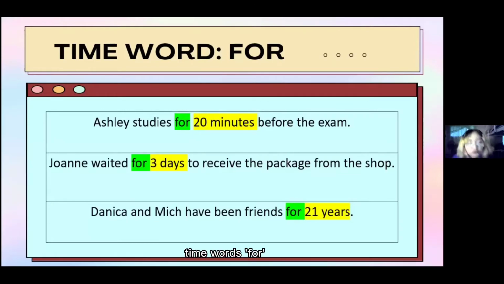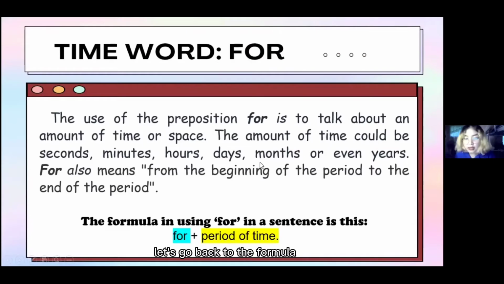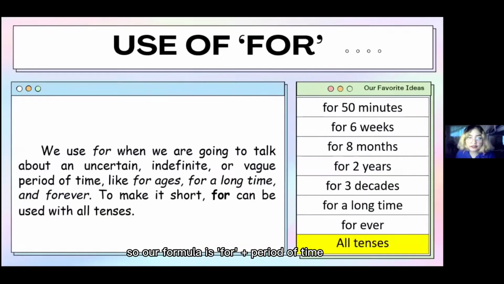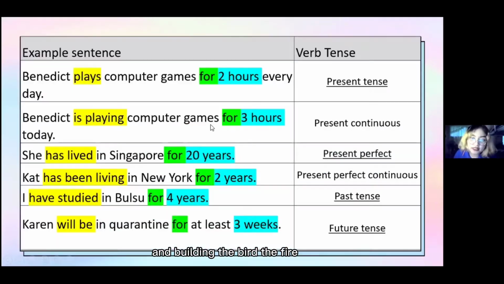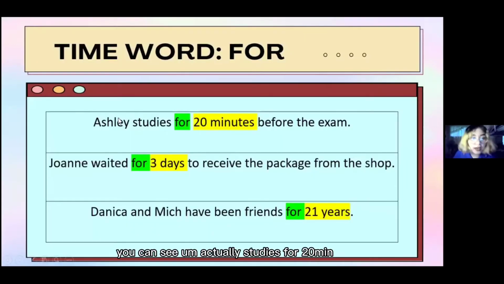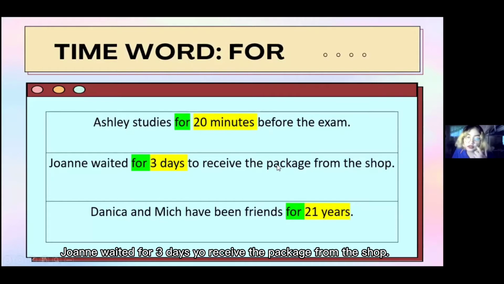Okay, time word for. Let's go back to the formula. Excuse the dogs, it's our neighbors, it's not us. So our formula is for plus the period of time. As you can see here, I highlighted the for and this is the period of time. Ashley studies for 20 minutes before the exam. Joanne waited for 3 days to receive the package from the shop.